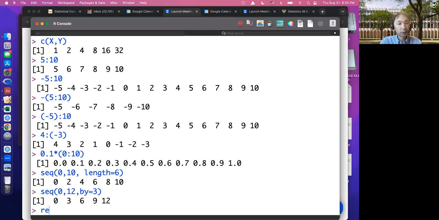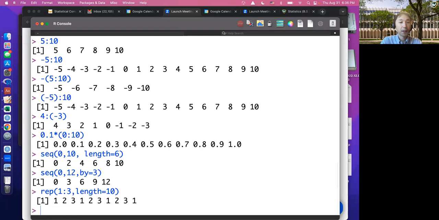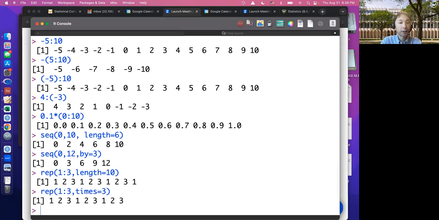Also, sometimes we want to repeat some observations. For example, 1, 2, 3 many times up to the 10th element. Then you can make a vector in this way. If you exactly repeat 1, 2, 3 for 3 times, then you can do this.